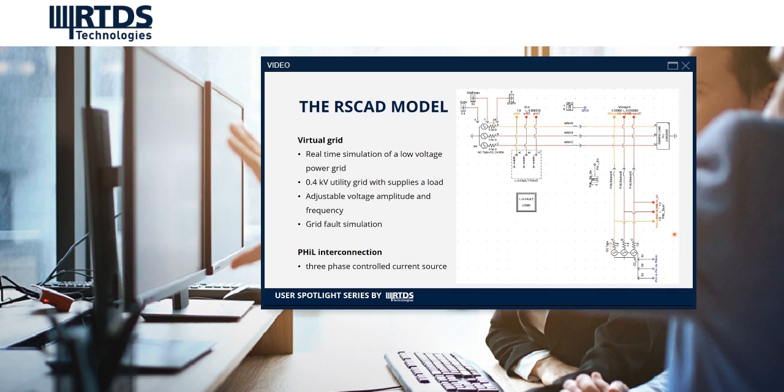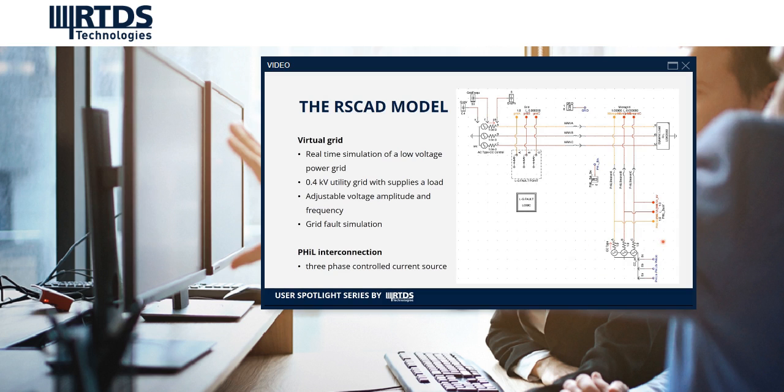And here you can see the power hardware in the loop branch, which is implemented by a voltage measurement. These voltages are sent directly to the 4-quadrant amplifier to apply to the real microgrid.